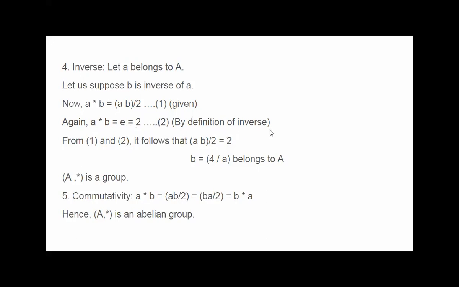So from 1 and 2, it follows that ab divided by 2 is equal to 2. Then b is equal to 4 by a, which belongs to A. That is the set membership which we have to show in the group.